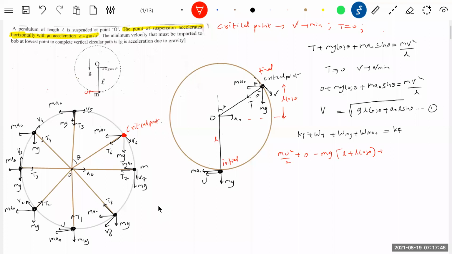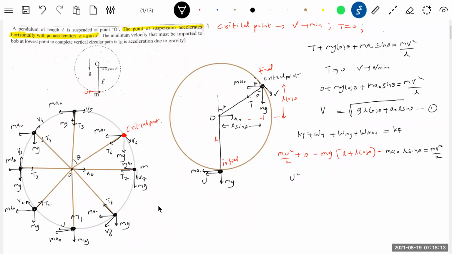Work done by pseudo force: this distance is how much? L sin theta. So does the pseudo force do positive or negative work? It does negative work. Minus ma naught L sin theta equals mv square by 2.